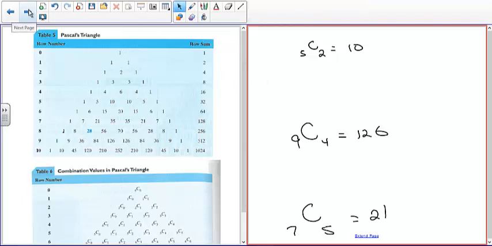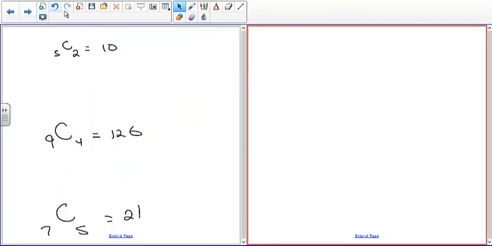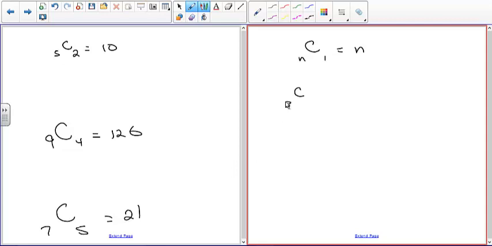So let me just write the rule out and explain it. Let's say you have n items taken 1 at a time. That's always equal to n. So let's show that. If you have 3 things taken 1 at a time, that's 3. If you have 7 things taken 1 at a time, that's 7. If you have 25 things taken 1 at a time, it's 25.